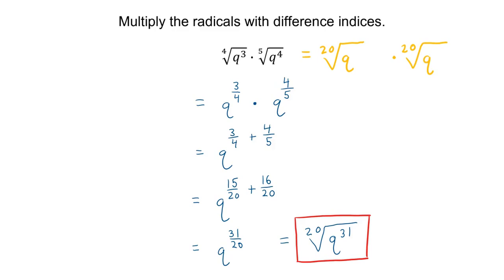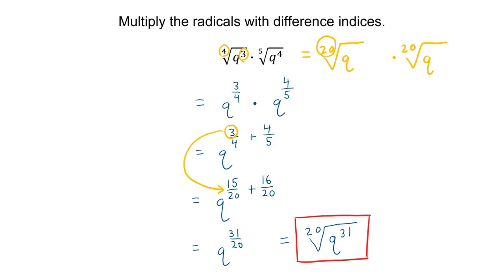But the question is, when I change this fourth root to a 20th root, how does that affect the exponent of 3 on the inside? Well, the exponent of 3 is the numerator of my exponent when I write this expression in exponential form. So the same question would be, how was the numerator of my exponent affected when I went from a denominator of 4 to a denominator of 20?